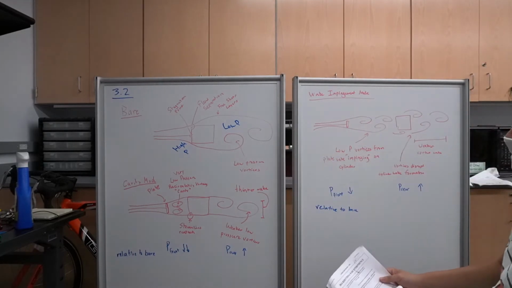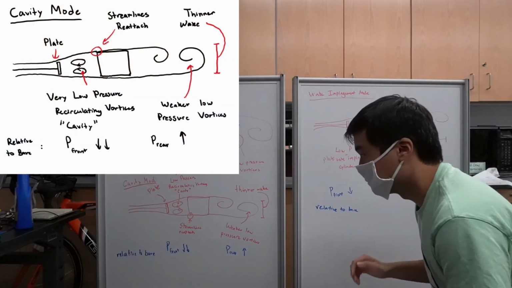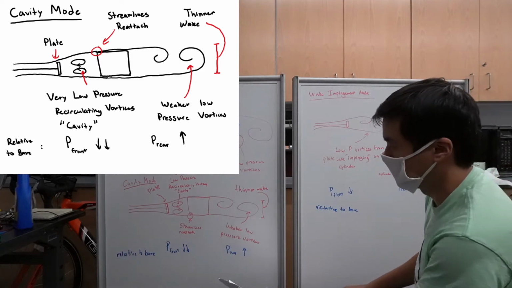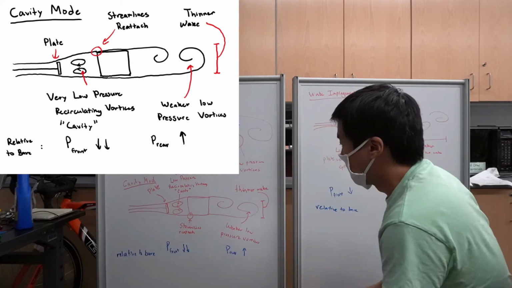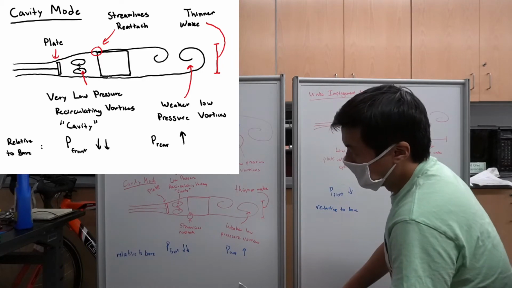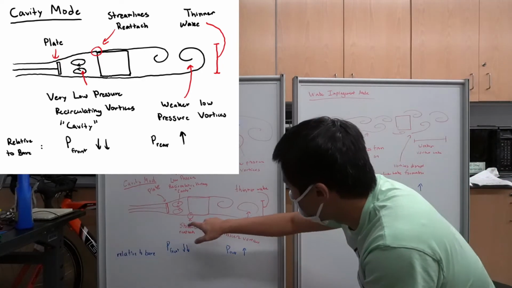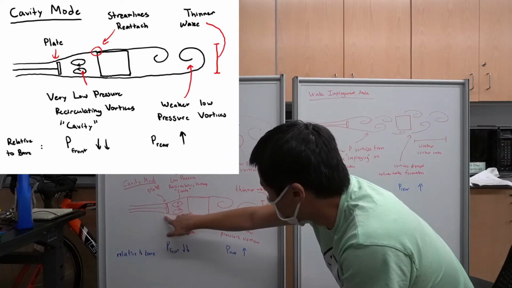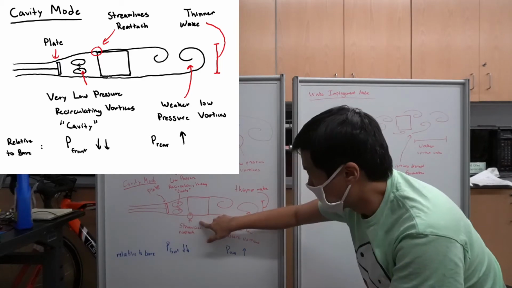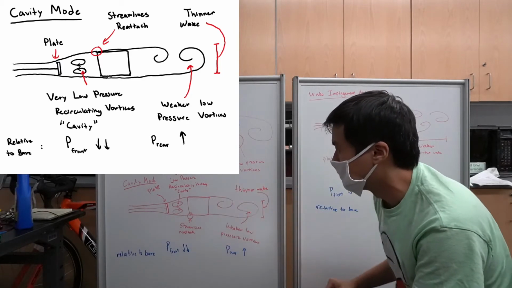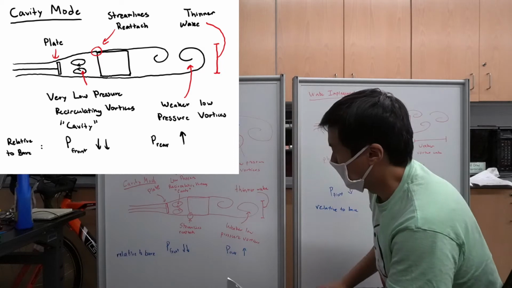So now we'll talk about the cavity mode. The cavity mode occurs once we introduce a plate and the plate is not too far away from our square cylinder. The flow is separated from the plate, but the streamlines from the plate will reattach to the corners of our square cylinder, and they'll stay attached.